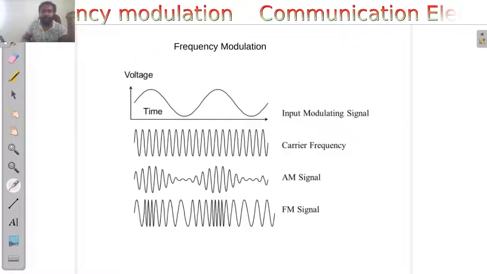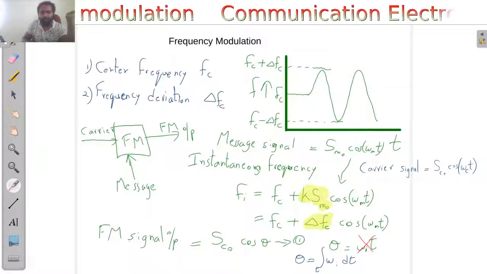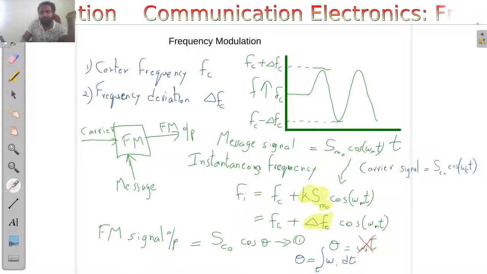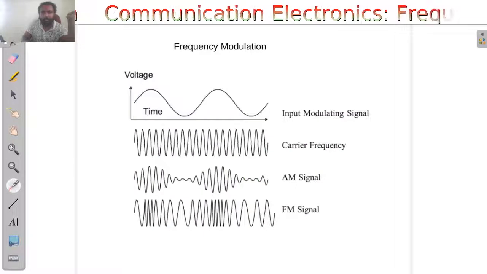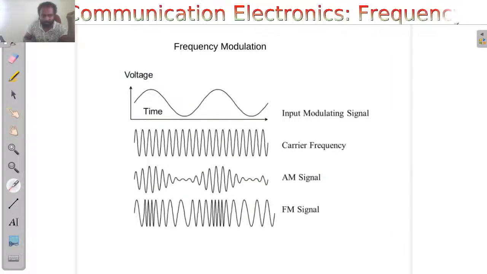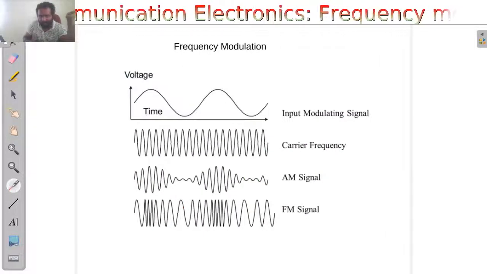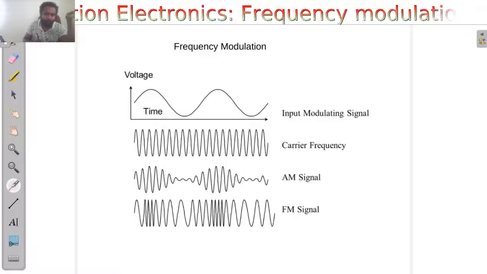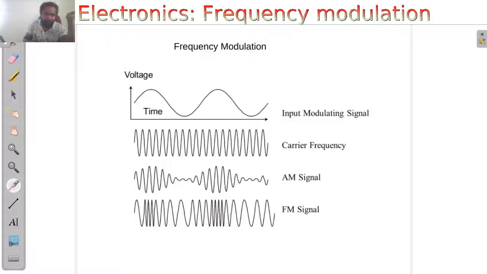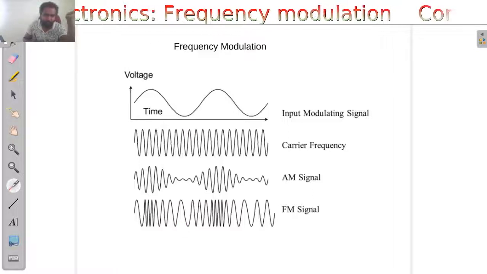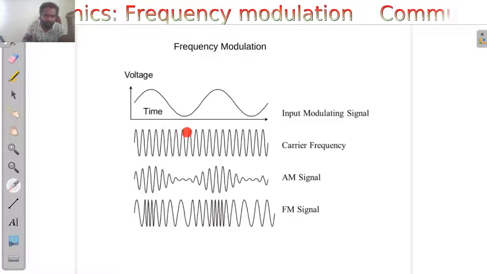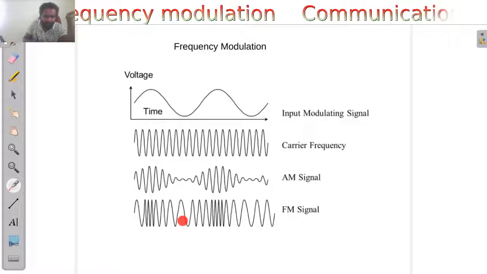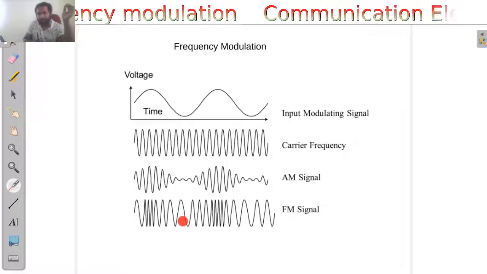And frequency deviation, delta fc, is the maximum change in frequency that happens from the center frequency to the highest point, or from the center frequency to the lowest point. So just take the difference between the frequency at this point in time and the frequency at this point in time. That gives you delta fc.